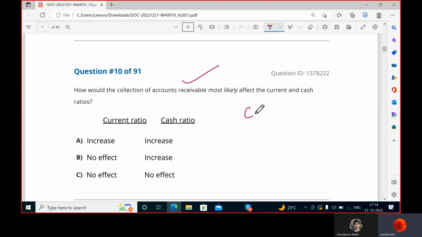So current ratio is current assets by current liability. Cash ratio is cash and liquid assets by current liability.